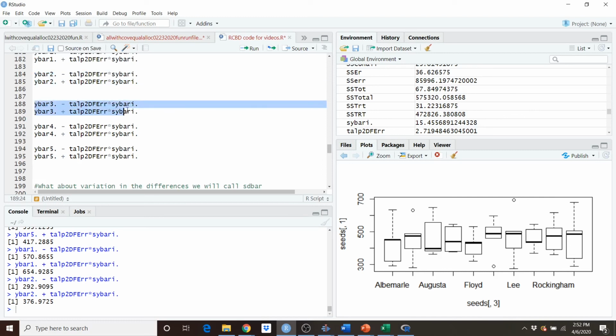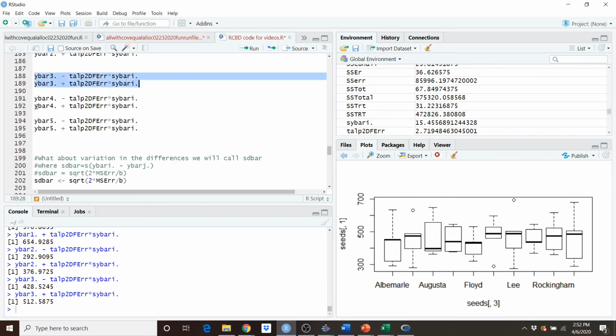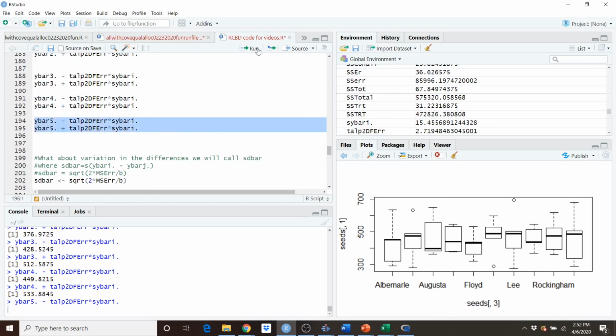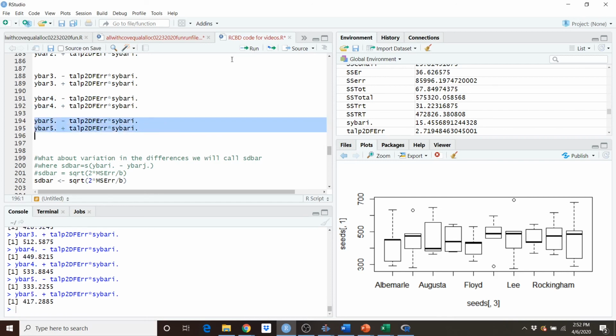When I look at my third group, I get 428.5245 to 512.5875. My fourth group, 449.8215 to 533.8845. And my fifth group, 333.2255 to 417.2885.